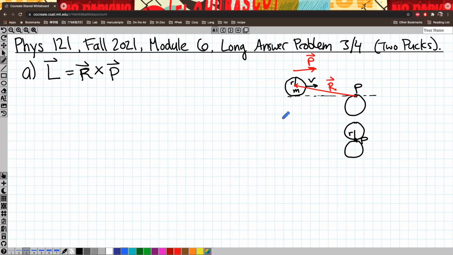So okay, this is like immediately before the collision in the second diagram. So I have my P vector like that. What about my capital R vector?